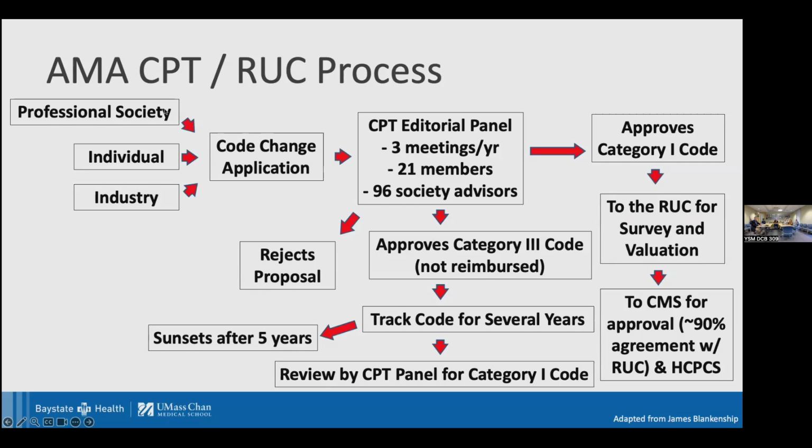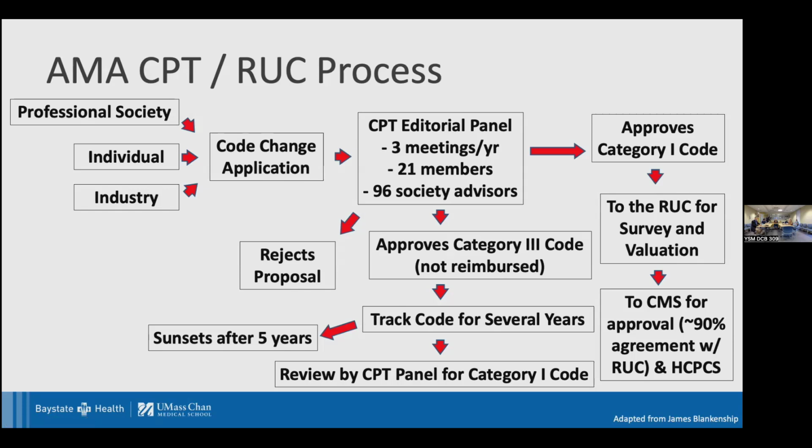Any professional society can propose a code change application. They can come from an individual. You can propose a code change application. And they can come from industry, and a lot of them do come from industry. And industry tries to partner either with individuals or professional societies to submit a code change application. Code change application can be to alter an existing code, or more commonly to create a new code.